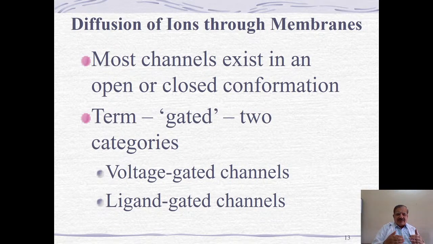In the same way, our bilipid layer has gated places from which ions can enter. Some are open to some ions, some are open to other ions, such as sodium, potassium, chlorides; there are different types of gates.